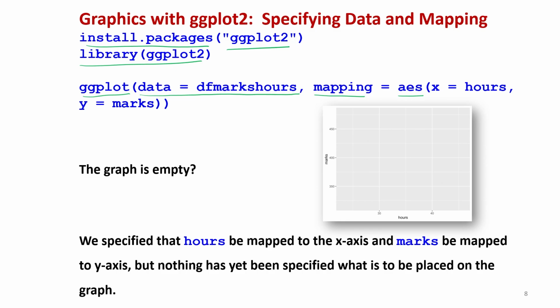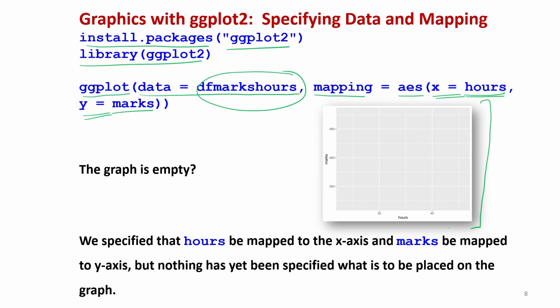I am writing the XYZ data frame as df_marks_hours, and then using x equal to hours to specify the data on the x-axis, and similarly the data on the y-axis to be plotted is the marks. So I write y equal to marks, and I create this graph.